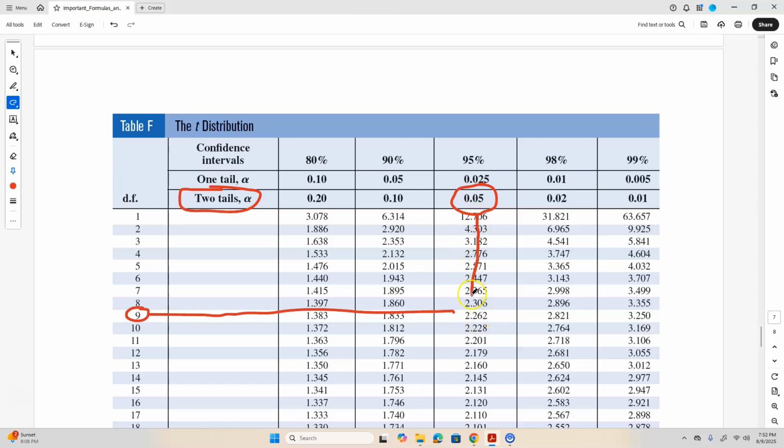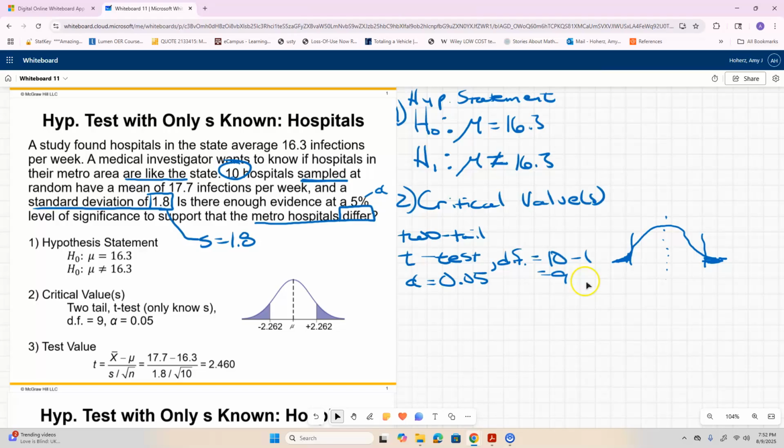So alpha 0.05, 2 tails, meets up here at 2.262. And you can use whichever you would like. You can use 2.262 or you can just use 2.26. All right, so we have 2.262.